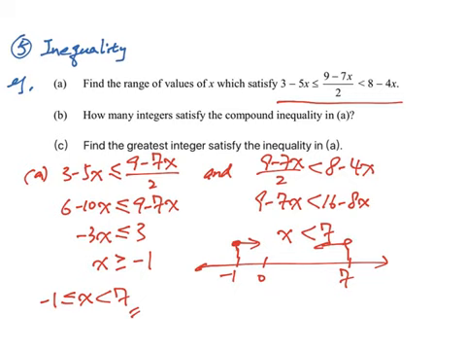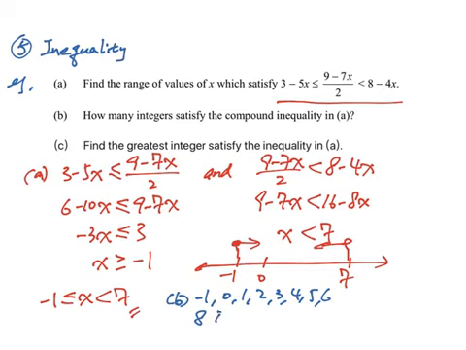For part B, how many integers satisfy the inequality in A? So that means we start from negative 1, 0, 1, 2, 3, 4, 5, 6, until 6 because it is not equal to 7. So how many? 1, 2, 3, 4, 5, 6, 7, 8.